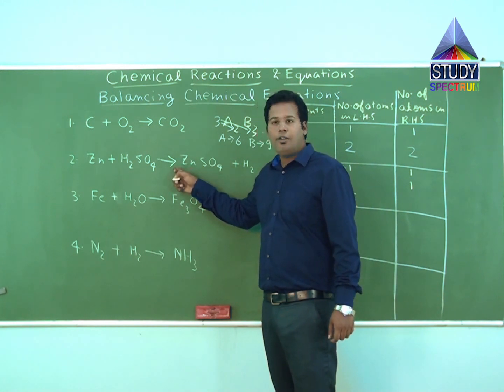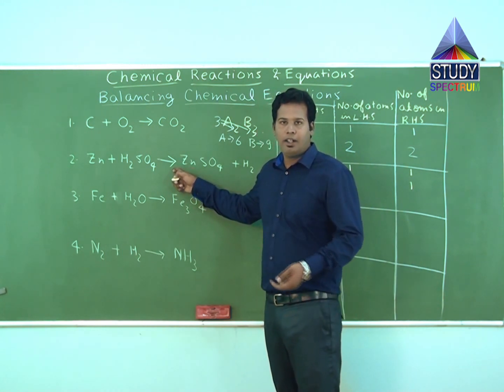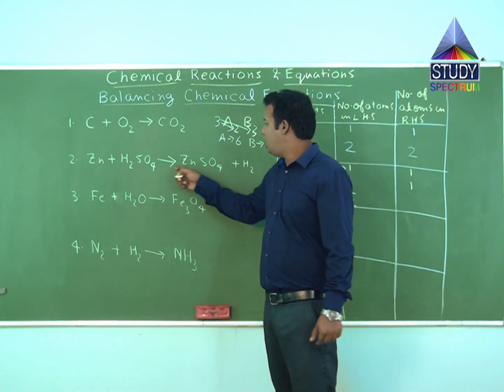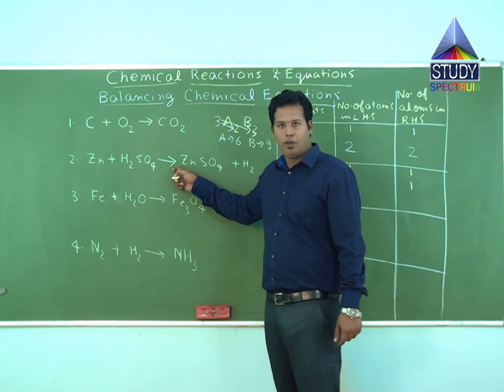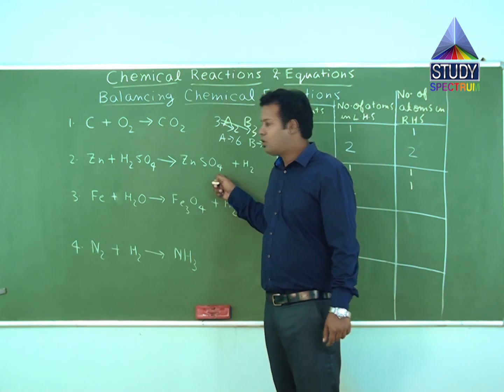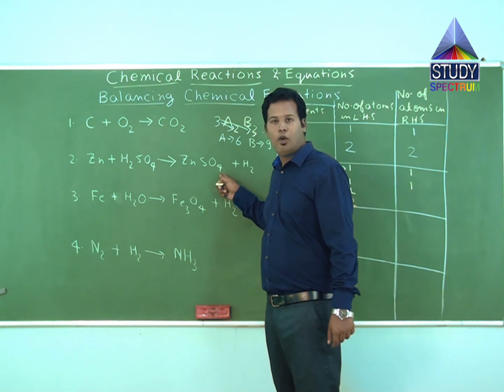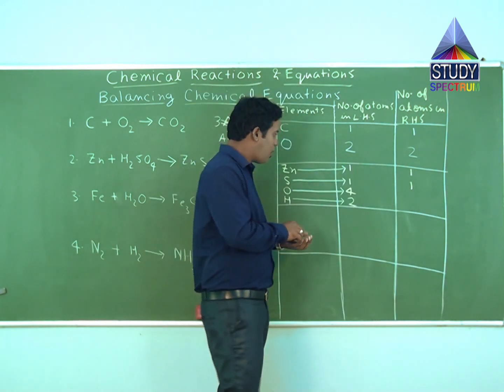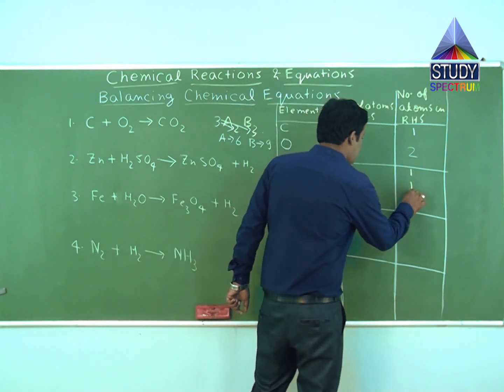Now coefficient of this compound is 1 as nothing has been written there. Coefficient of ZnSO4 is 1. Suffix of oxygen in this compound is 4. So 1 into 4 is 4. That will be the number of oxygen atoms in RHS. So number of oxygen atoms in RHS is 4.